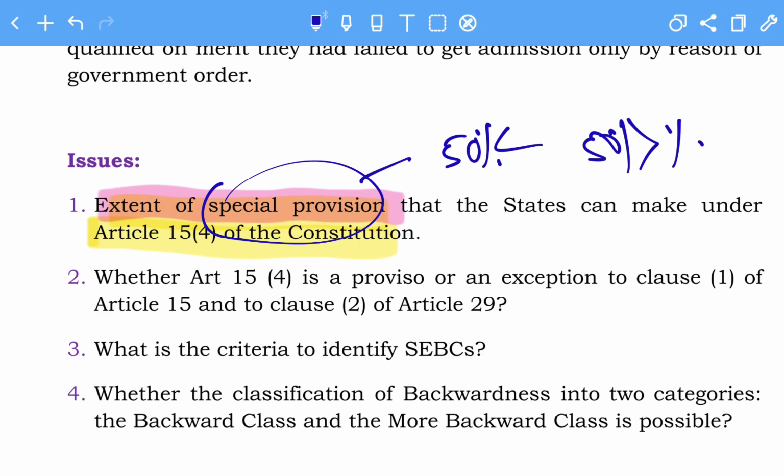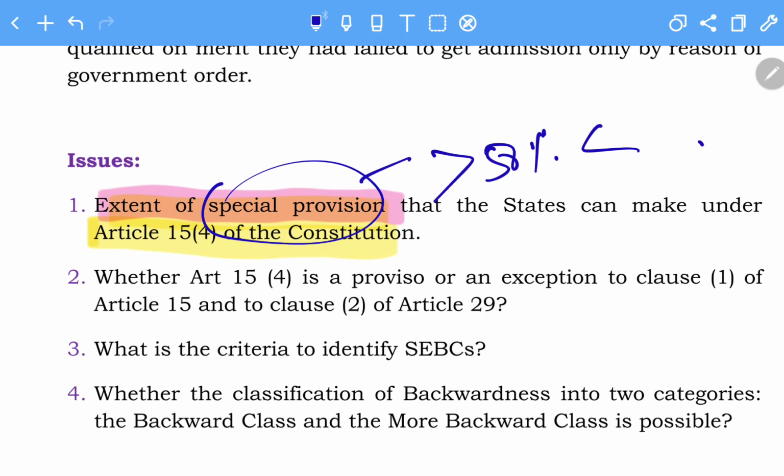So the first issue before the court here was: what should be the limit of these special provisions? Whether the reservation should be within 50% or can go beyond 50%. So what is the limit of this?